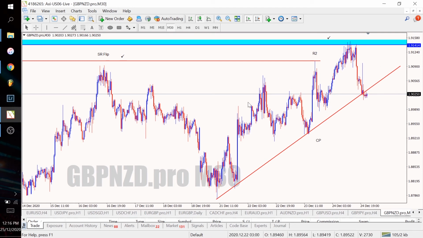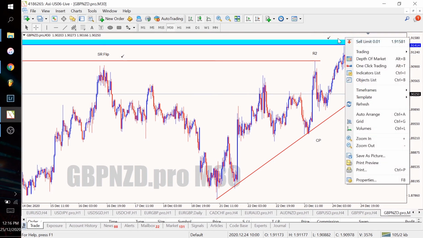And I would just like to point out that this happened just yesterday when the EU and the UK were discussing the Brexit deals. So this is how the institutions use news to drive price into the zone before dropping. So our stop loss is above, it's about, let's put it at 20 pips maximum, alright?